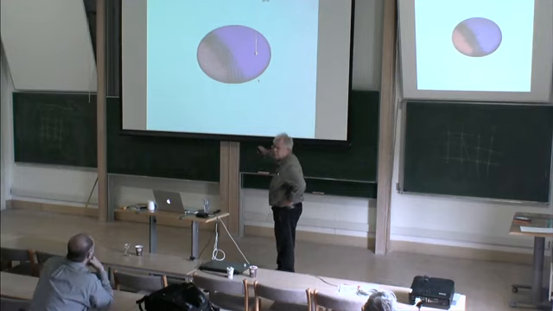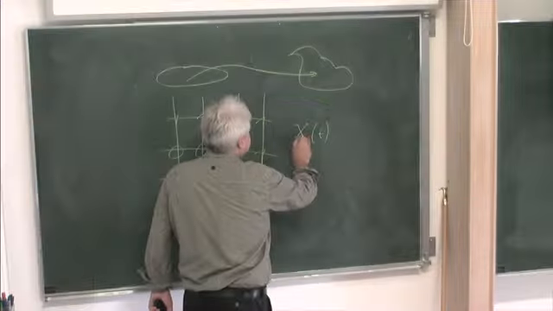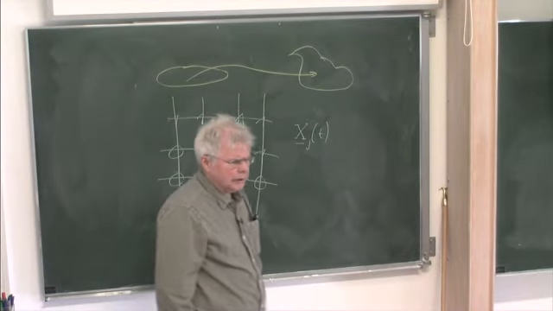Let's suppose we're using piecewise linear finite elements. So the surface is described by a piecewise linear function, which means that we're computing some x_j(t)'s, which are the location of the vertices.